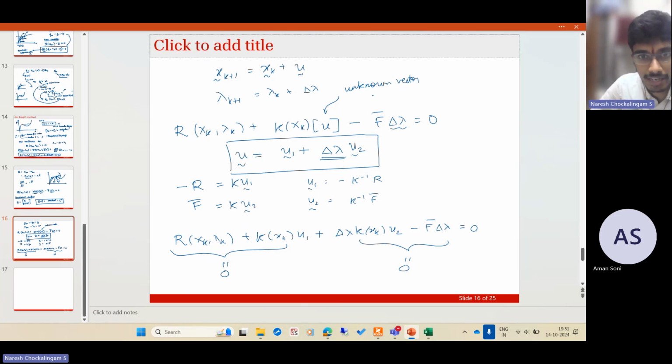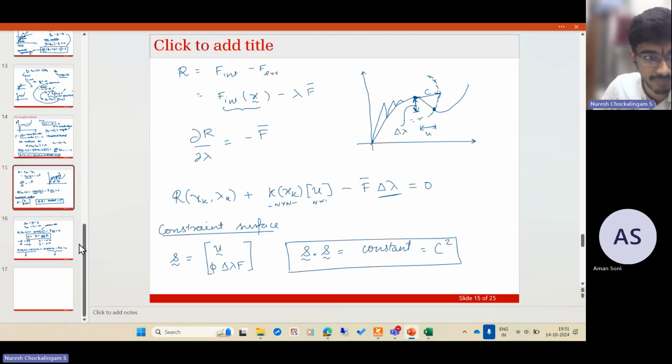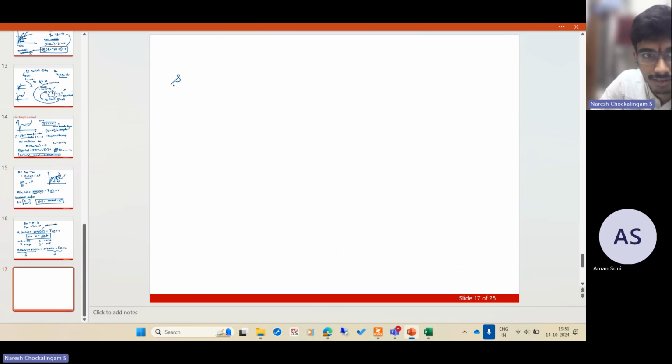U is an unknown vector. We have written it as a sum of two known vectors and an unknown scalar delta lambda. For finding this unknown scalar delta lambda, substitute in the constraint equation, the constraint surface. So what is the constraint surface? S dot S equal to C square. S is U and something. But what is U? U is just U1 plus delta lambda U2.